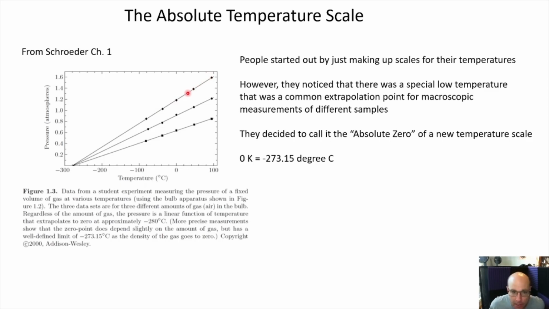But if you extrapolate the line backward to lower and lower temperature, even lower than you could ever measure at the time, you found that all the lines extrapolated to a very particular point, right?